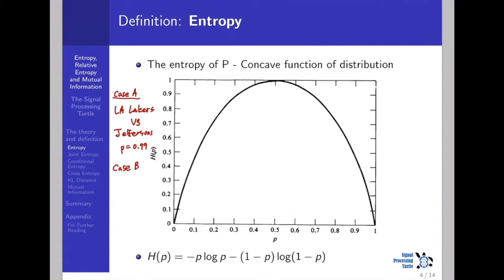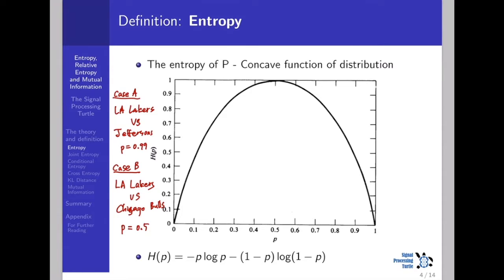And also there's a case B, and this time the basketball game is the LA Lakers versus the Chicago Bulls. How about this time? In this case, I roughly say the probability of the LA Lakers winning the game is roughly 0.5, because it's a toss-up between the LA Lakers and the Chicago Bulls.